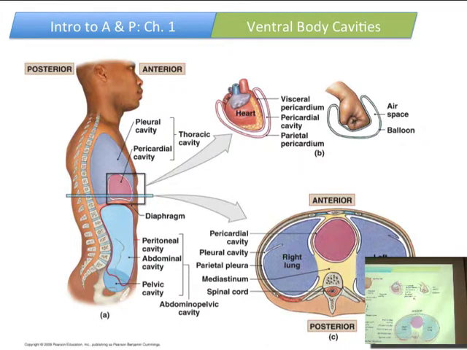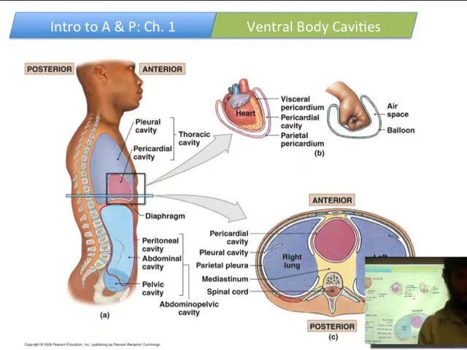Pleurisy, if you like to read Charles Dickens stories, or maybe you had a really old school grandma who had these horrible lung inflammations because of drafty houses or whatever, is just an inflammation of the pleura, the serous lining around the lung, so it made it painful to breathe for these people.